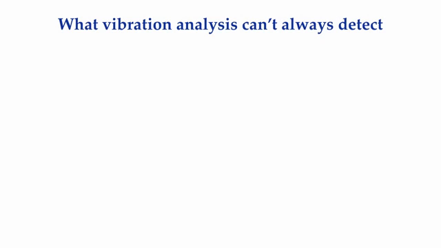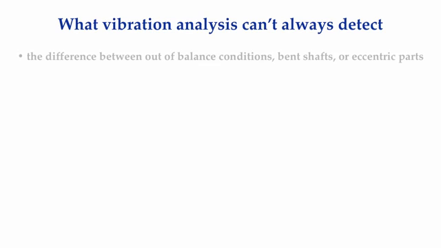Vibration analysis is a very powerful diagnostic tool, but some people expect too much from the technology. Here is a list of problems that vibration analysis has a difficult or impossible time detecting. It is very difficult to tell the difference between unbalance, bent shafts, or excessive runout.